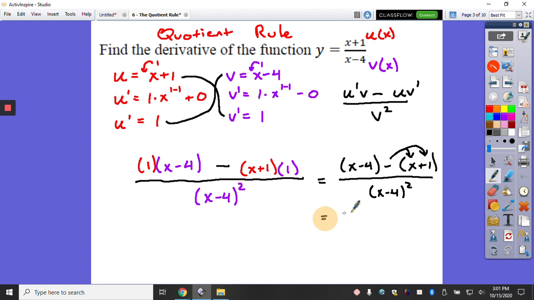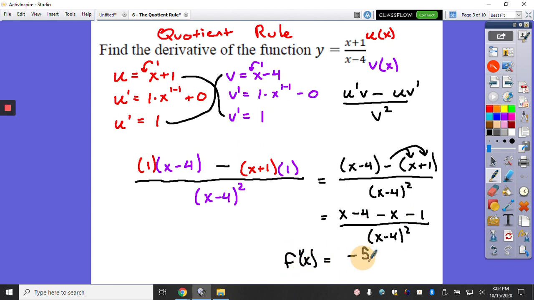So we end up in the numerator with x minus 4 minus x minus 1, again, all over this x minus 4 squared. And I see x minus x, well, the x's go away. Negative 4 minus 1 would give me my final derivative of negative 5 over x minus 4 squared. And that's our quotient rule.